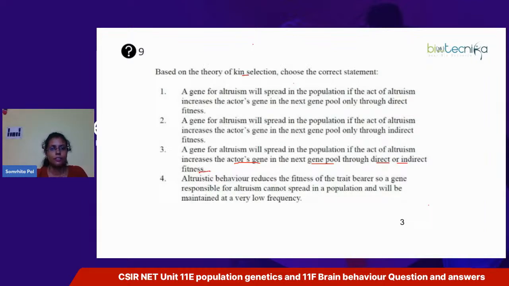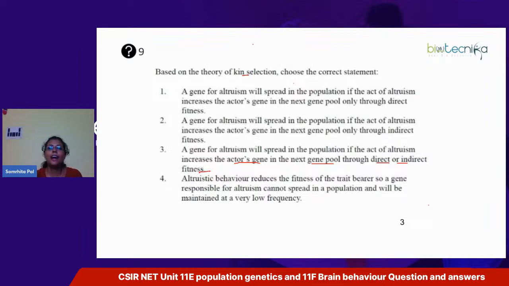Direct fitness is when you are producing your own offspring, passing the genes to your own offspring. Indirect fitness is when you are passing your genes through your siblings' offspring or your relatives' offspring. If they are your relatives, cousins or siblings, you share some proportion of your genes with them as well. So when they reproduce, your genes are also passed on to the next generation.